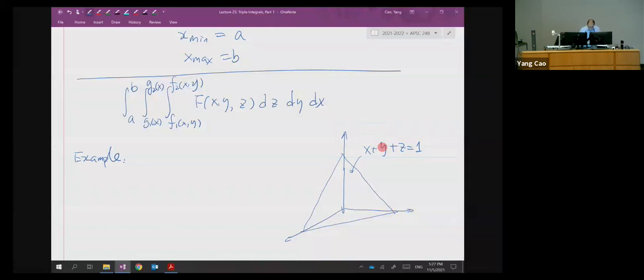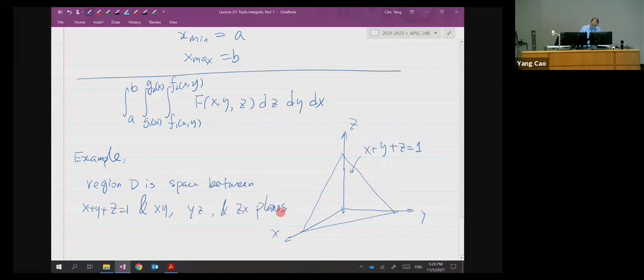Region D is the space between the plane x plus y plus z equals 1 and the xy, yz, and zx planes. So that's how D is defined.